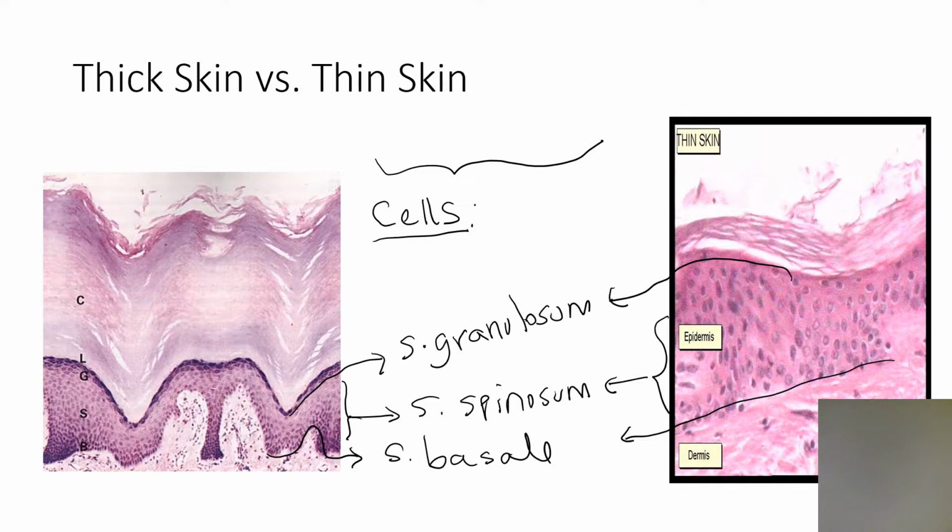The strata is called the stratum granulosum and is found in both thick skin and thin skin. The cells of the stratum granulosum have no nuclei and are accumulating keratin granules. These cells are dying keratinocytes.